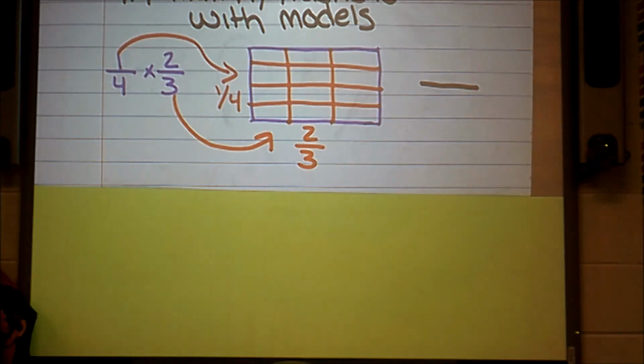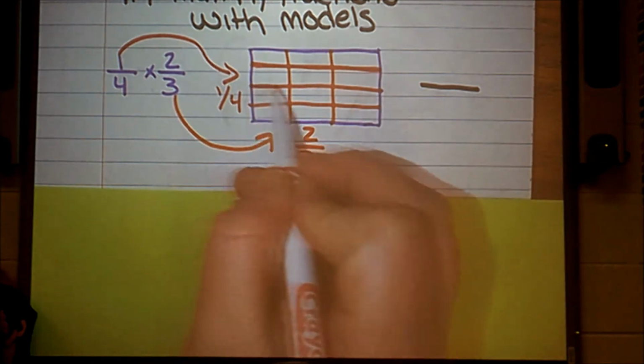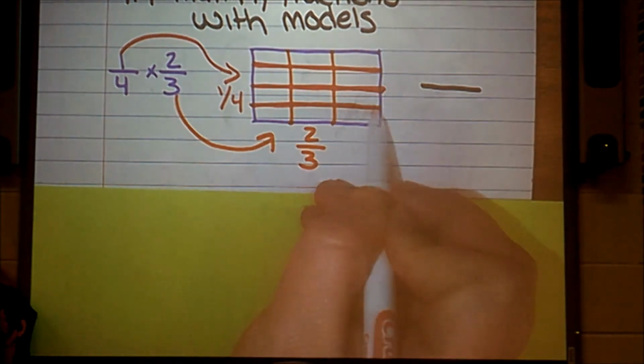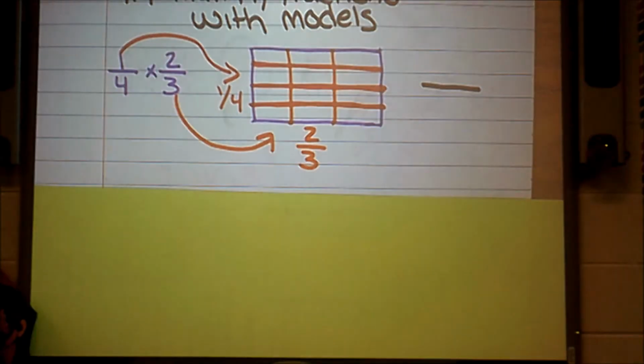So for my 1/4 on the side, you can see that I cut it into 4 pieces going across. 1, 2, 3, and 4. So then with that, I'm going to shade in one whole row of that.